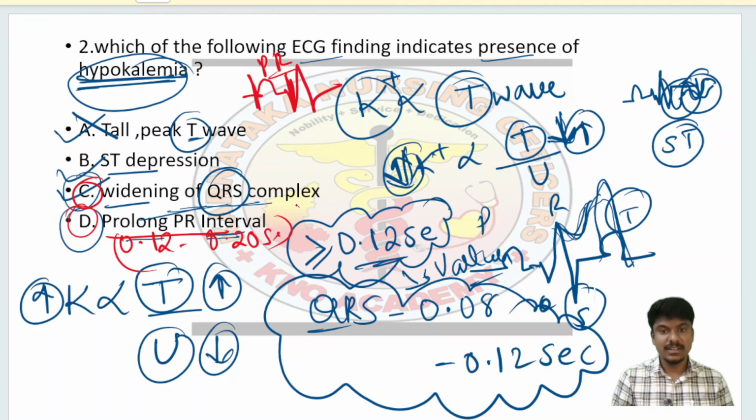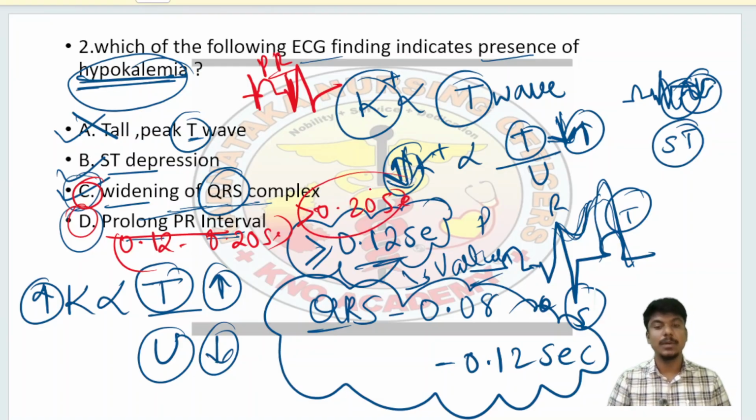Prolonged means the PR interval is more than 0.20 second, and we call that a prolonged PR interval.